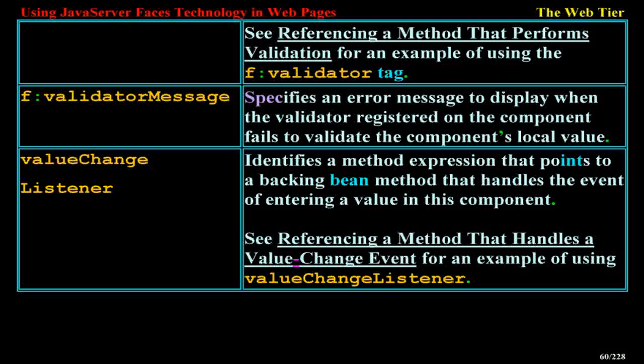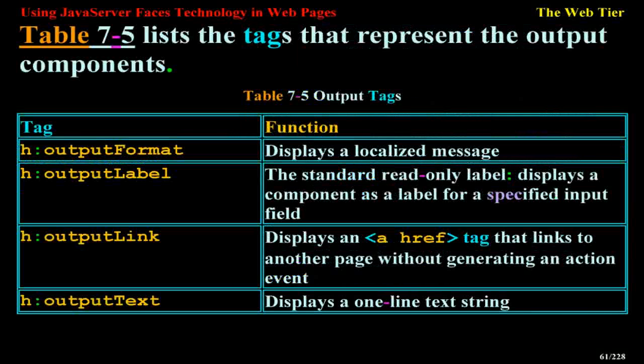Table 7-5 lists the tags that represent the output components. Table 7-5 Output Tags. Tag, Function. h:outputFormat displays a localized message. h:outputLabel is the standard read-only label. It displays a component as a label for a specified input field. h:outputLink displays an a href tag that links to another page without generating an action event. h:outputText displays a one-line text string.